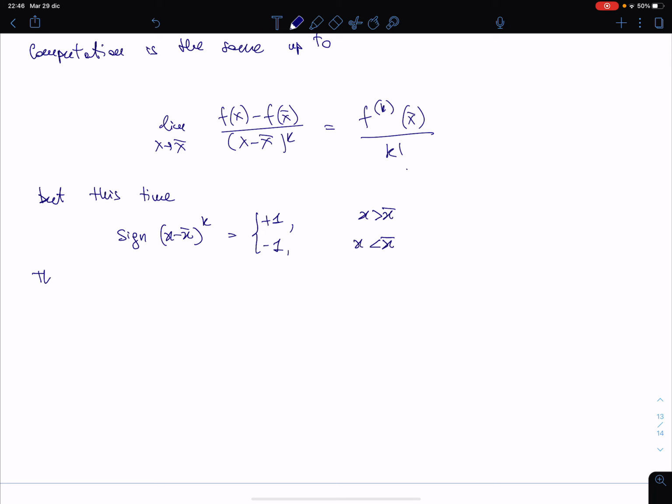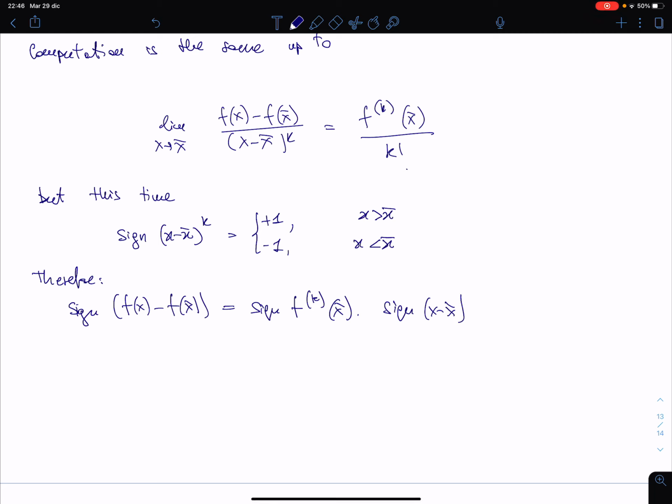Therefore, the sign of f(x) minus f(x bar) is equal to the sign of f^(k) of x bar times the sign of (x minus x bar). And this sign here changes in a neighborhood.